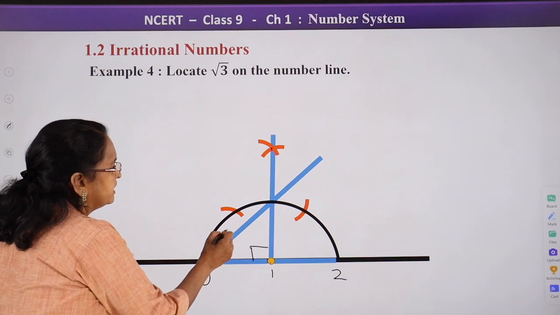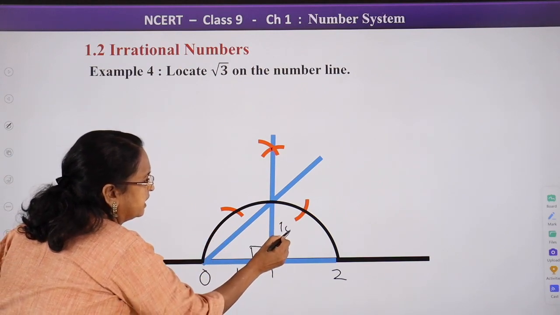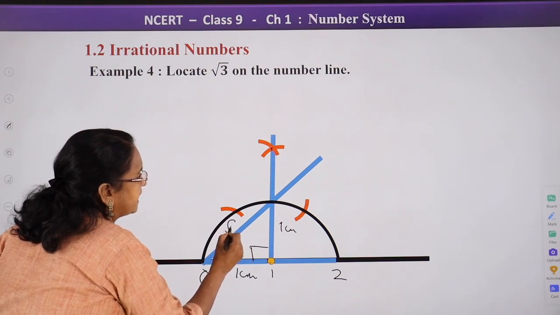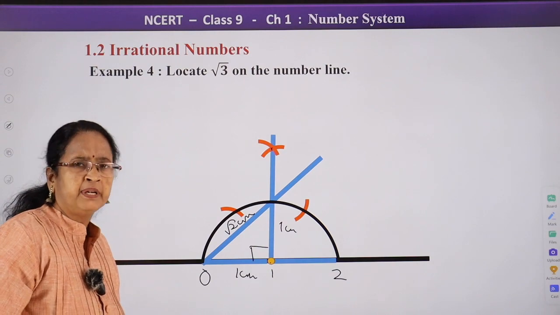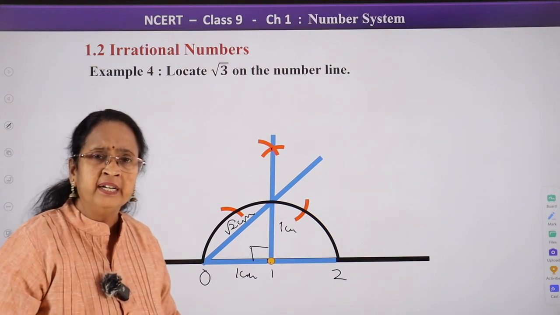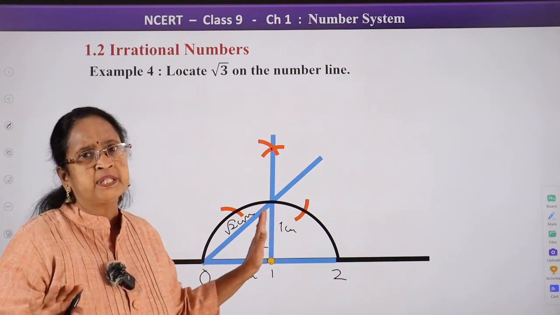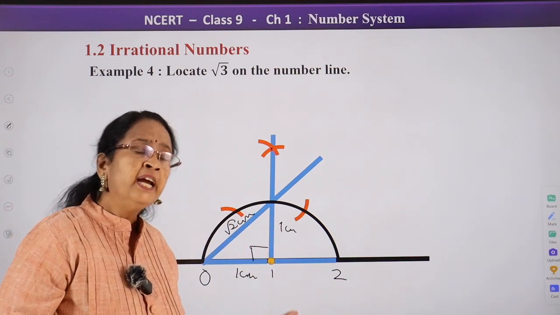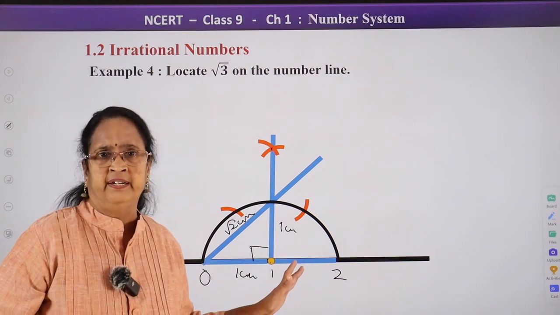So this is 1 centimeter, and by Pythagoras theorem, we got root 2 centimeter. So till here we have already done, and I have repeated the steps again. For root 3, you have to do till root 2 again.